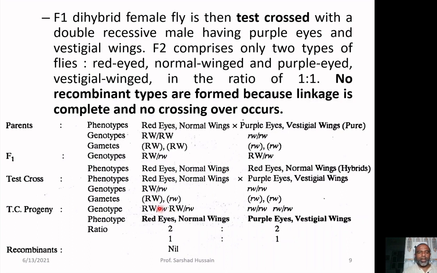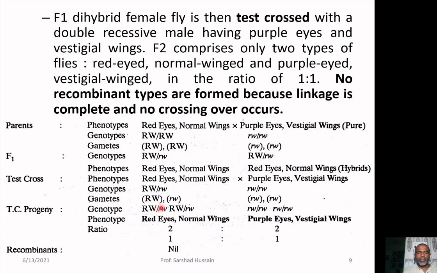Then you can see two types of gametes from the hybrid, capital R capital W and small r small w, but from the recessive parent only one type of gamete, that is small r and small w. Then this capital R and capital W may go with the small r, small w.